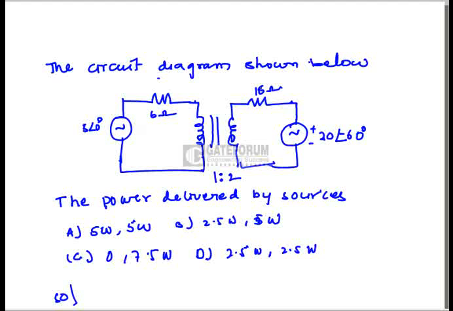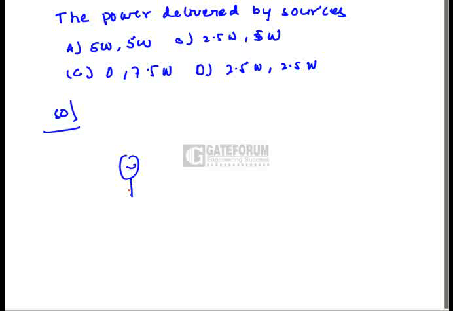If you shift the 16 ohms into the primary side, that has to be divided by the transformation ratio squared. The transformation ratio is 2, so we divide by 4. I am writing the equivalent circuit referred to the primary side. This is 5 at an angle 0 degrees, given in the primary side, and this is 6 ohms.